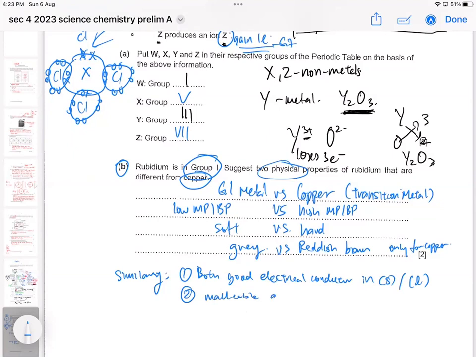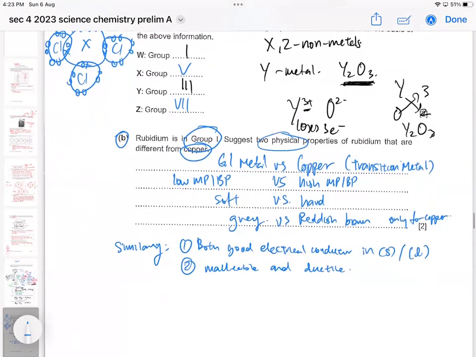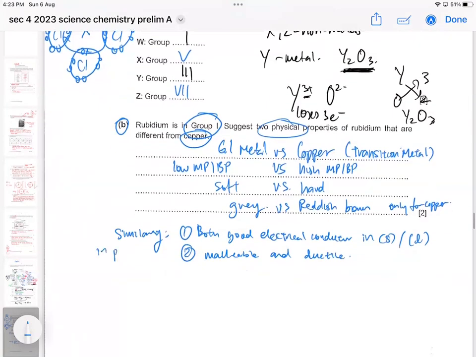They are both malleable and ductile. Okay, all these are the similarities in physical properties. Of course, no need to write them, because the question only asks us for differences. Okay, any questions for me?